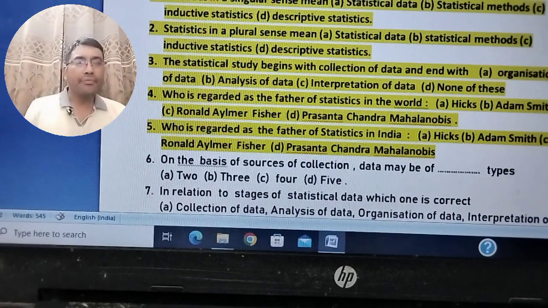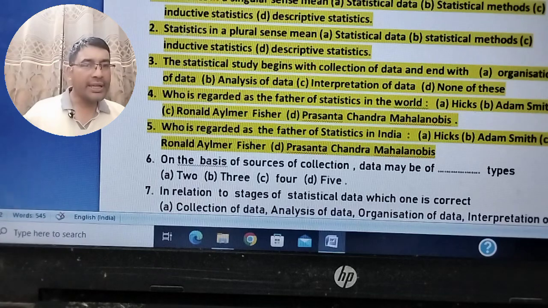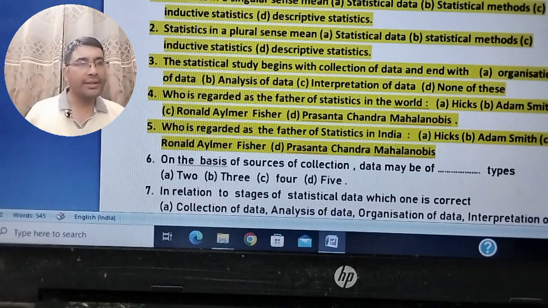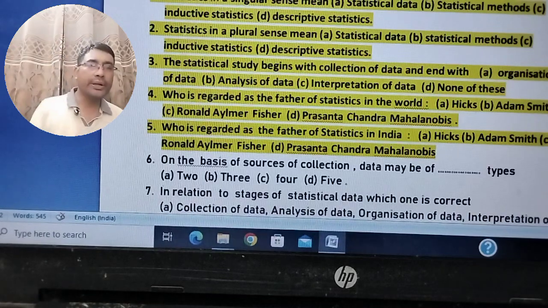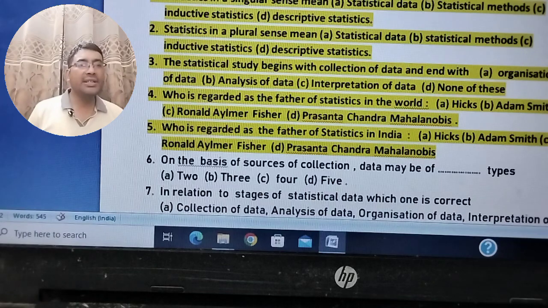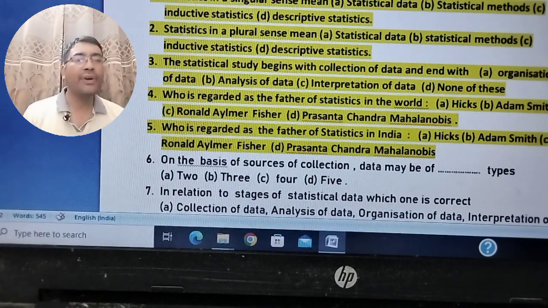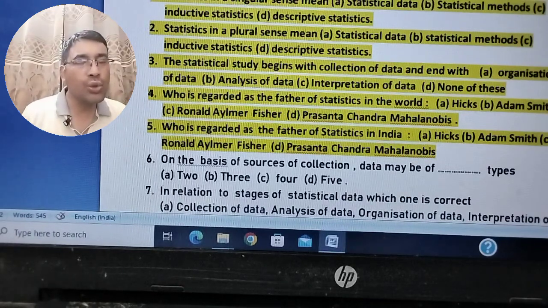On the basis of sources of collection, data may be of two types. I have already explained primary data and secondary data, and also qualitative data and quantitative data. But on the basis of sources of collection, data may be of how many types: 2, 3, 4, or 5?